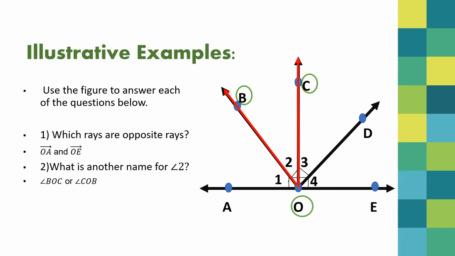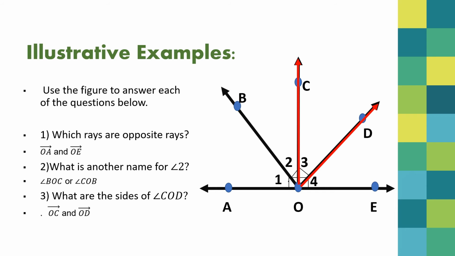That's right. It is angle BOC or angle COB. Next, number 3. What are the sides of angle COD? Correct. It is ray OC and ray OD.